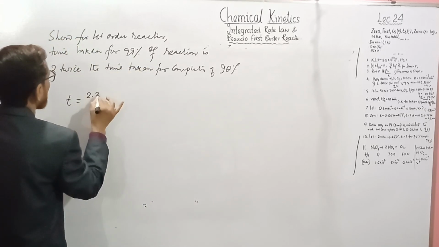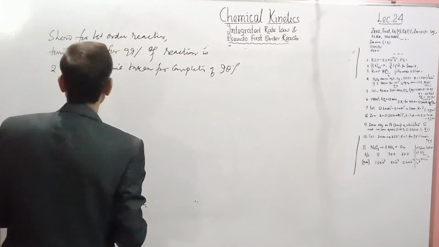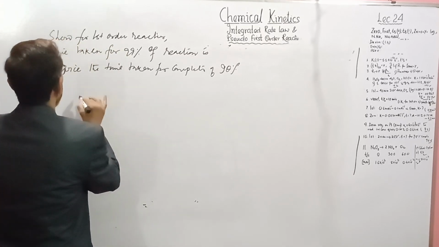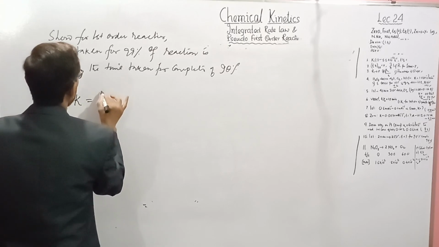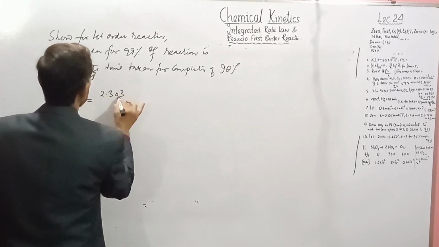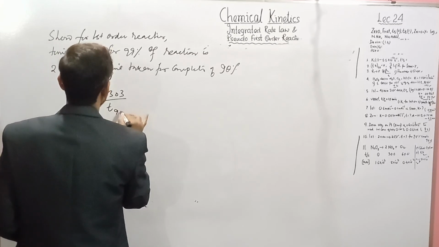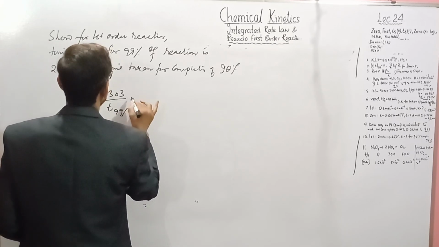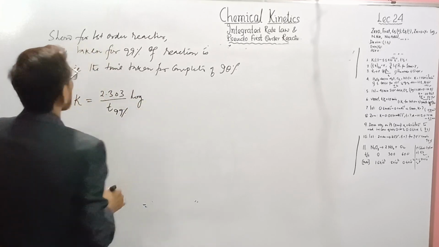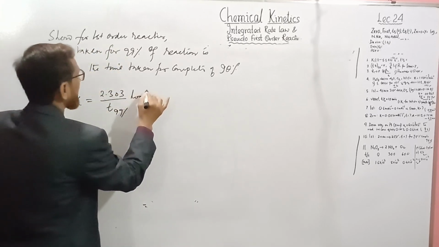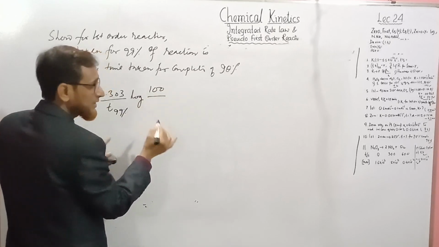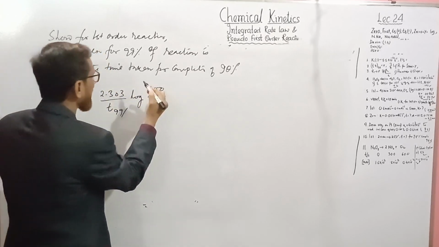T is equal to, right, in the form of K is equal to... So if it is 99%, then a is equal to 100, and a minus x equal to 100 minus 99, means 1.